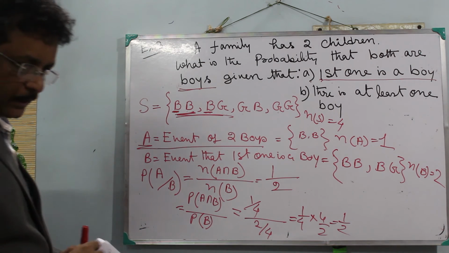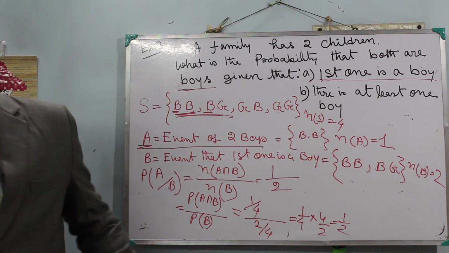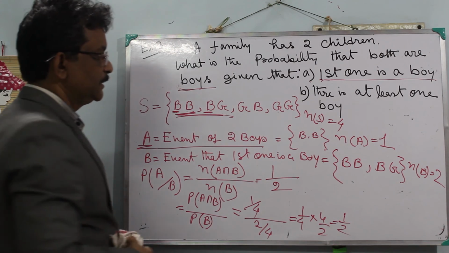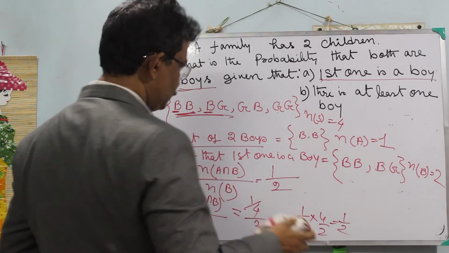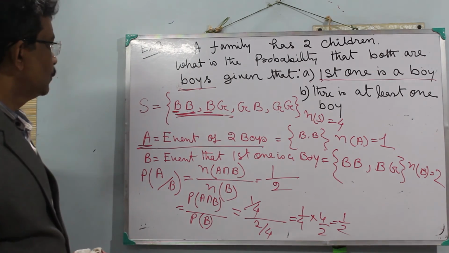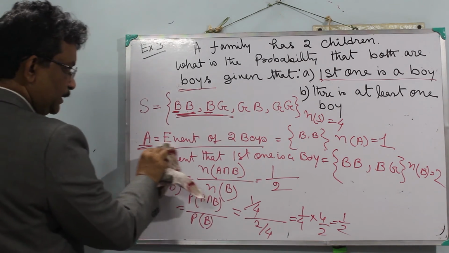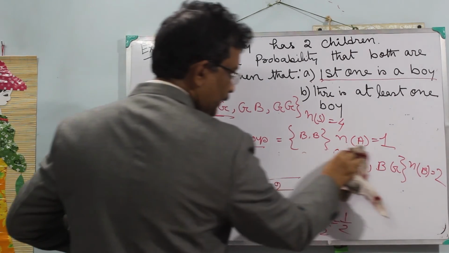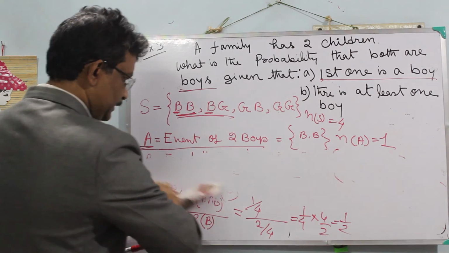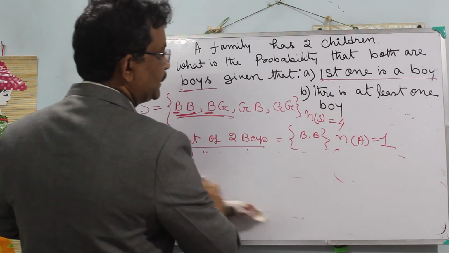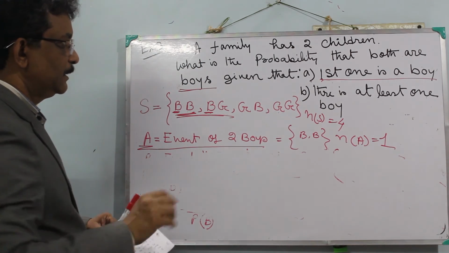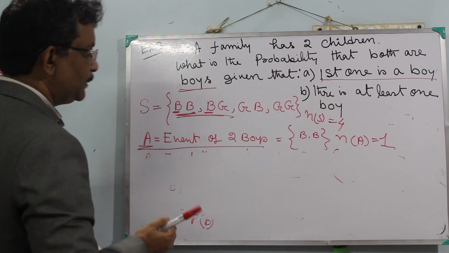Clear? Now we'll apply the second condition: given that there is at least one boy. This portion is the same, A is also the same, but we will now consider another condition, that there is at least one boy.